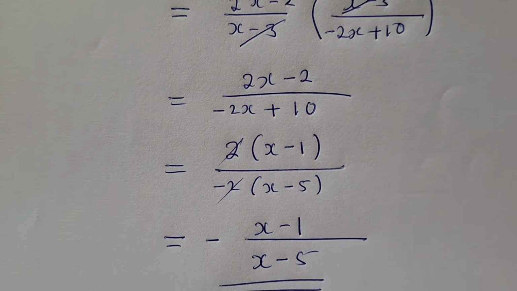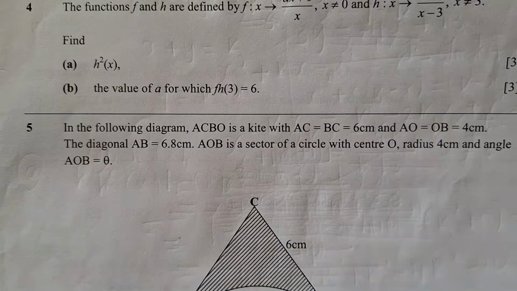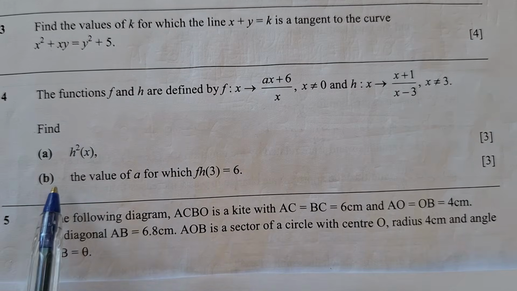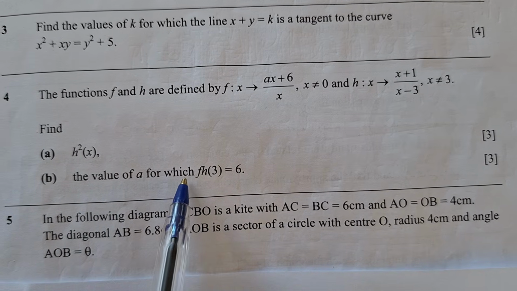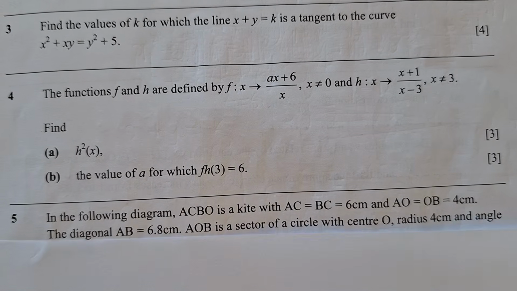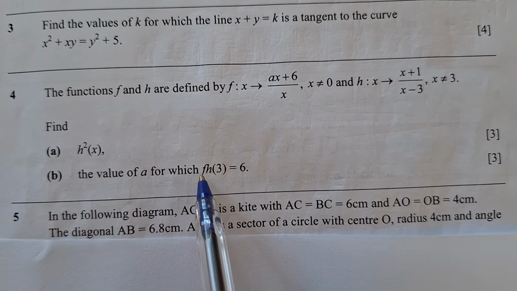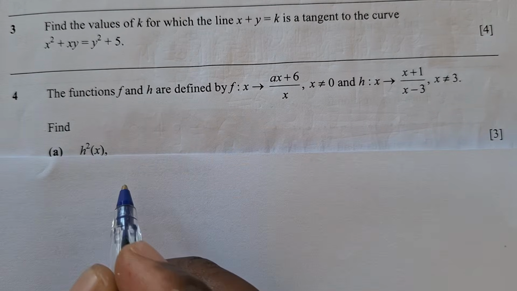So let's go to question 4b and see what we're supposed to do. Question number 4b, they're saying find the value of a for which f of h of 3 is equal to 6. So there are two functions involved. There is f and h. So let me write them down here.